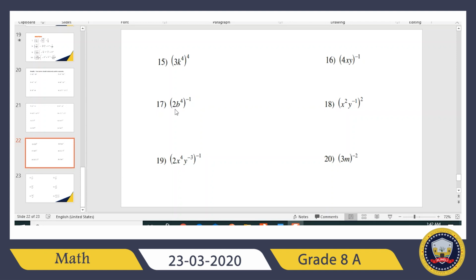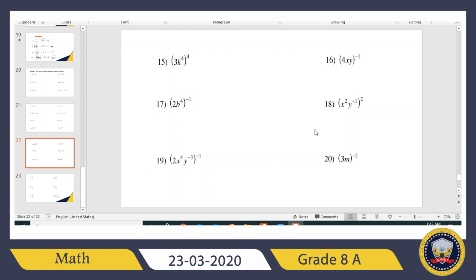As I say, as long as I have a negative power, I cannot leave it like this. I have to write the reciprocal, or I have to write this negative power in the denominator. I don't have anything to be written in the numerator, so I will put 1 over 2^1 b^4, or 2 with nothing b^4, right?